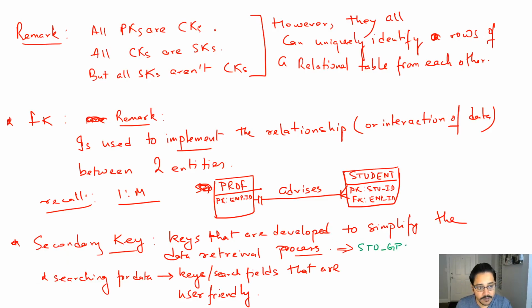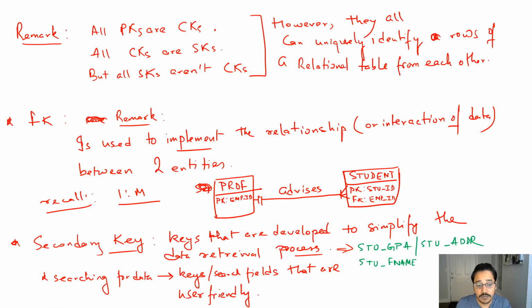If I simply write GPA greater than 3.5, then it can give me the list of all students, right? I can have student address. I want to find all the students who are living closer to the university, right? If the address can be broken down further into state, city, and zip code, I can provide the zip code. I can even provide something like a student first name or a combination of any of these attributes, right?